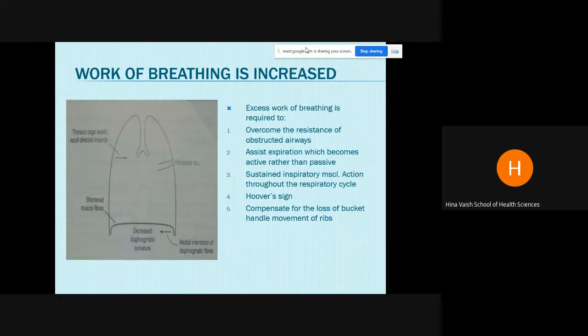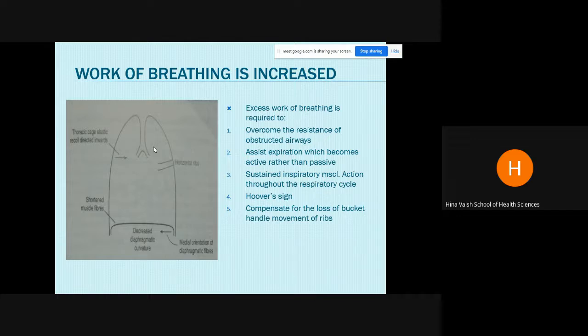These patients, as I told you, have an increased work of breathing. I keep repeating in my classes that work of breathing is normally done when the diaphragm is contracting and the muscle is working, an active phase. We are breathing, the air is coming inside and it faces some resistance from the elastic structures and the airway resistance.